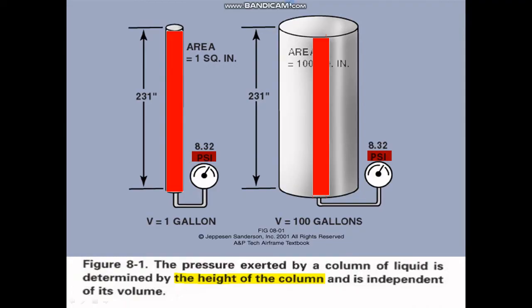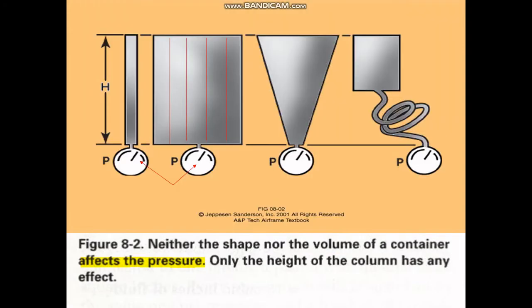Here we have the pressure exerted by this column of liquid, which is determined by the height of the column and is independent of its volume. Neither the shape nor the volume of the container affects the pressure. Only the height of the column has any effect.